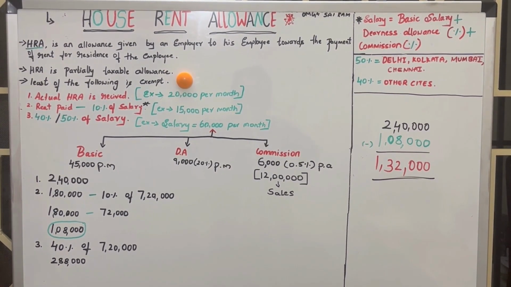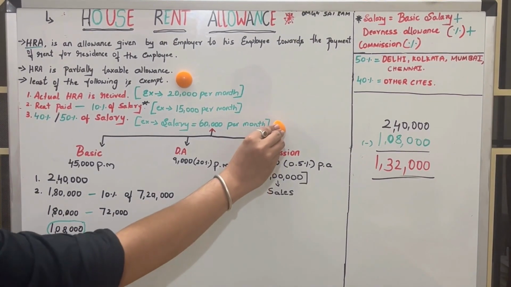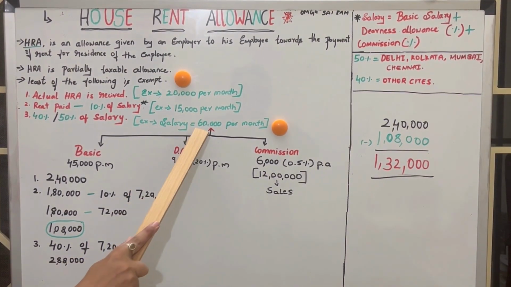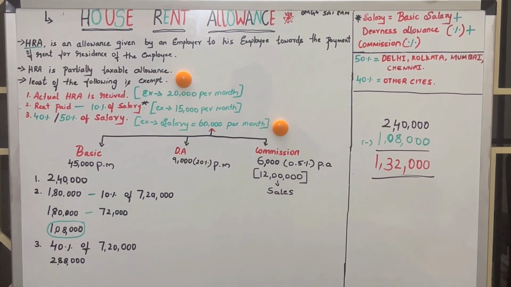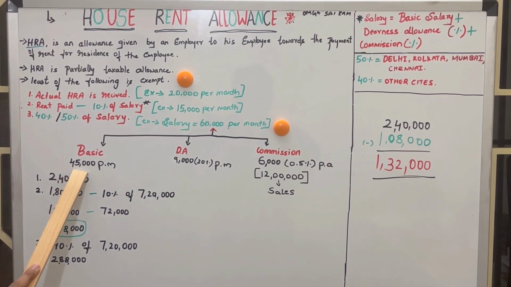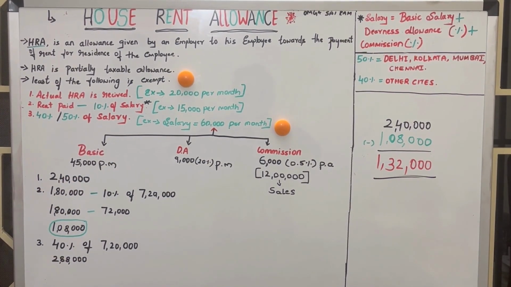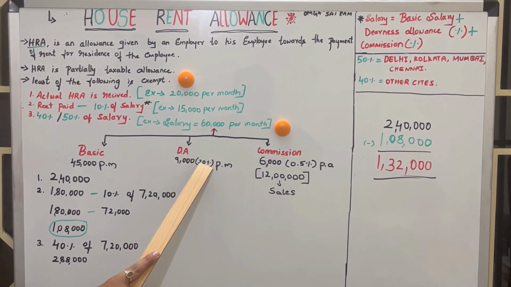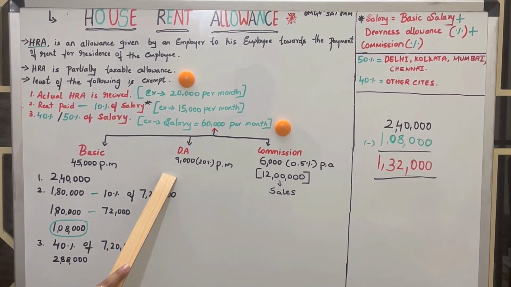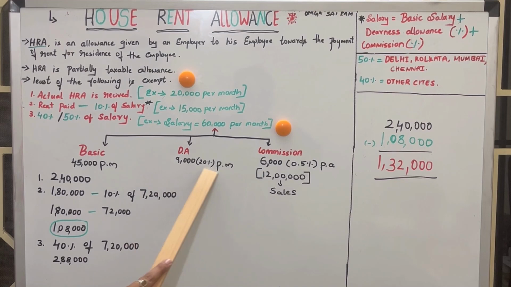Now let us understand these 3 points with the help of an example. Let's say the total salary of the employee is 60,000 per month. How did we arrive at this 60,000? Basic salary is 45,000 per month. Dearness allowance is always given as a percentage of basic salary. So 20% of 45,000 is 9,000.